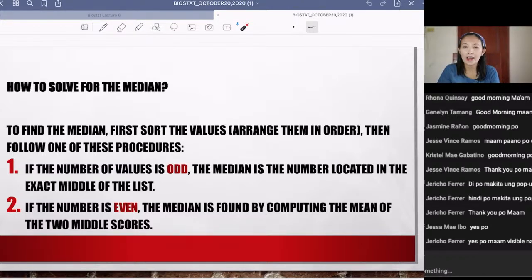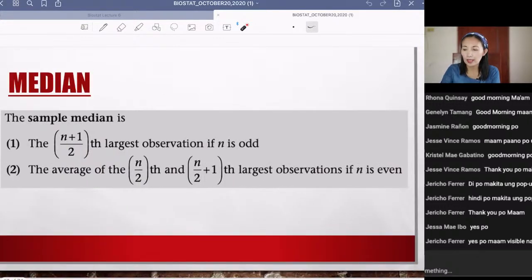So, get the average of the 5th and the 6th values, and that gives the median. So, n plus 1 over 2 for odd, and you'll have the exact value. The average of the n over 2 and n over 2 plus 1 observations is for even.